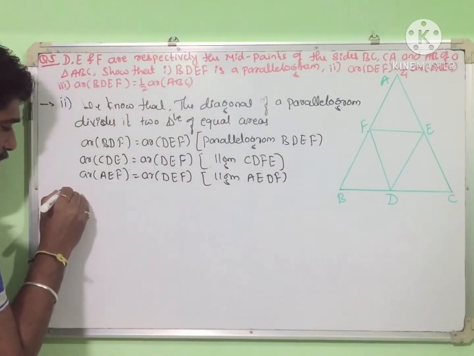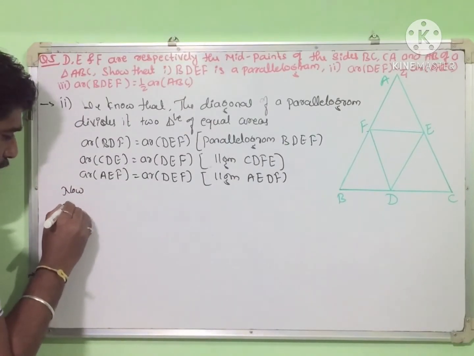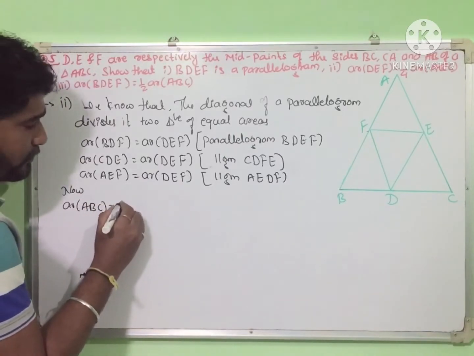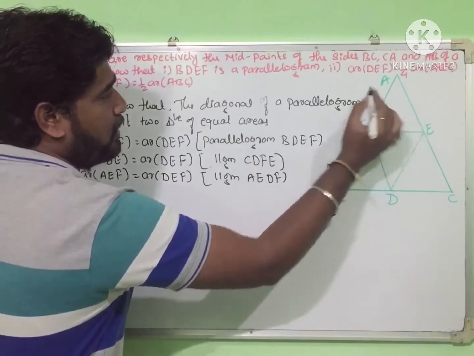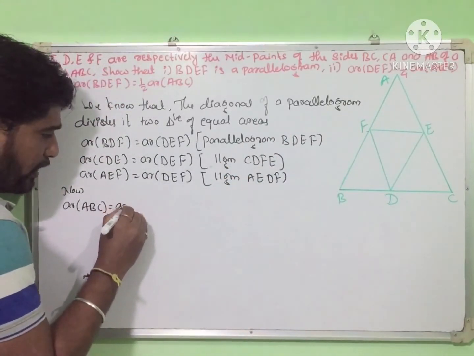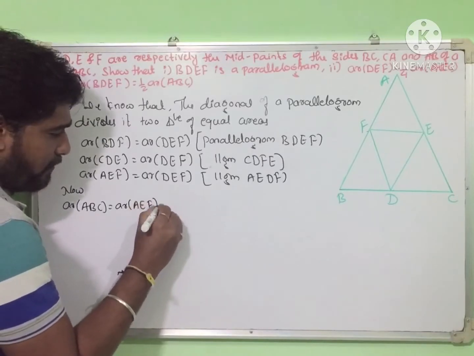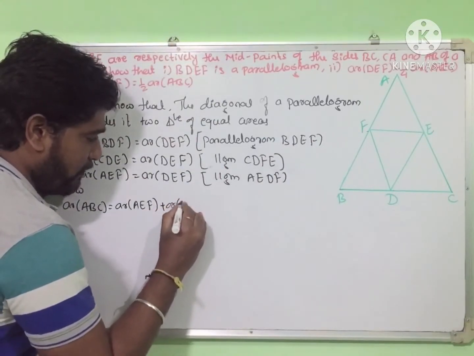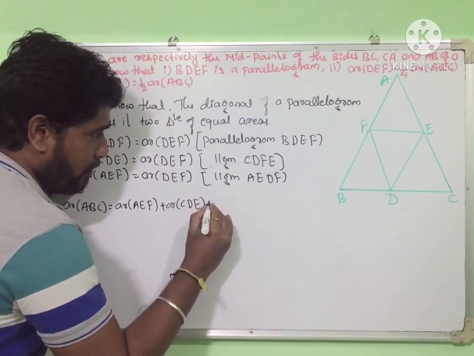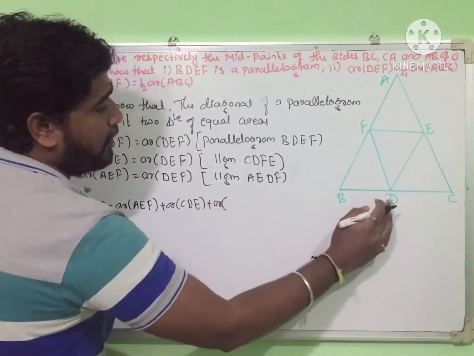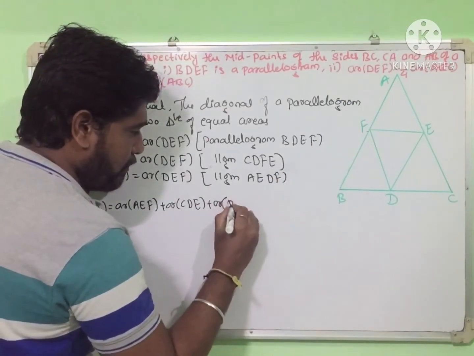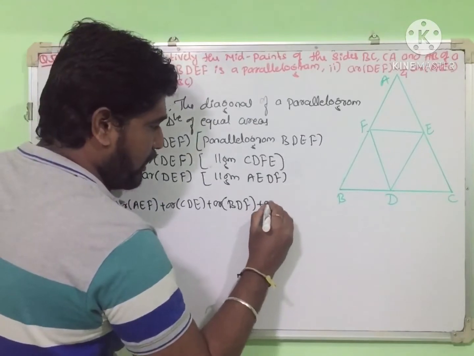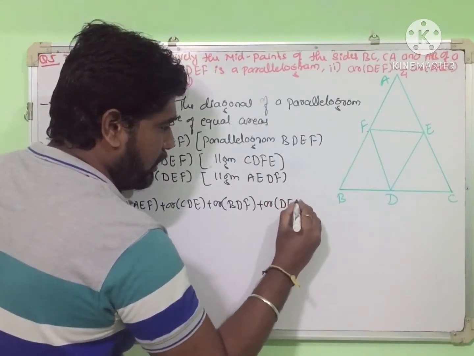So write down: area of ABC is equal to area of AEF plus area of CDE plus area of BDF plus area of DEF.